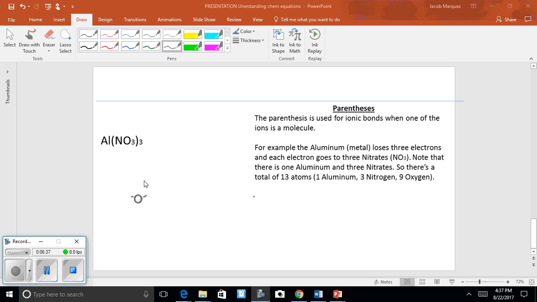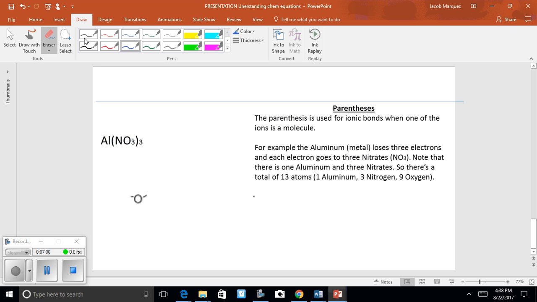Okay, now the last one is the parentheses. And once again, this isn't as complicated as it seems. Let's break it down. So we have capital A, little l. That means we have an element, right? Big letter, little letter, together, that's one element. We have a big letter N, big letter O. So we have 3 different elements present: aluminum, nitrogen, and oxygen.